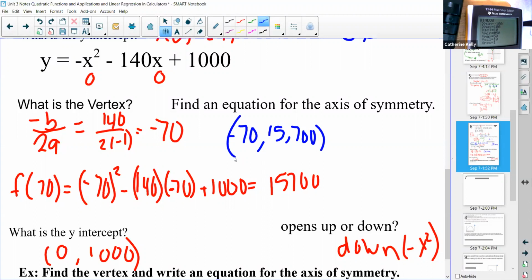And on my Y's, I have to get to 15,700, so I'm going to go from 0 to 20,000 by thousands.